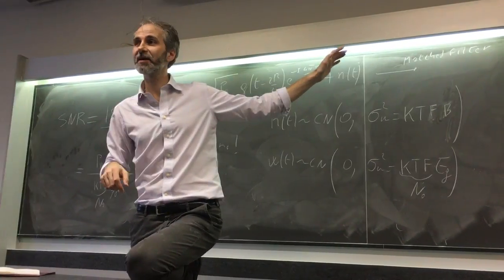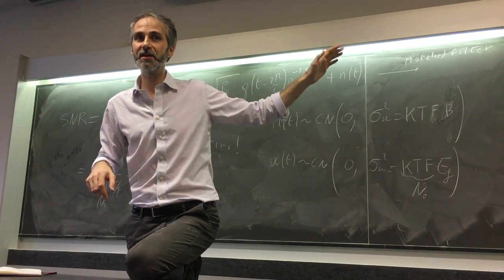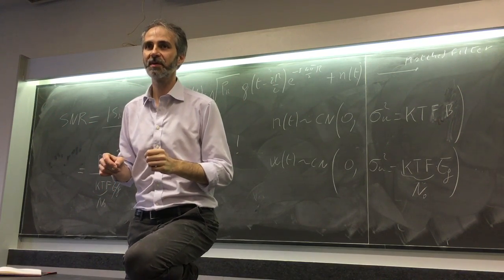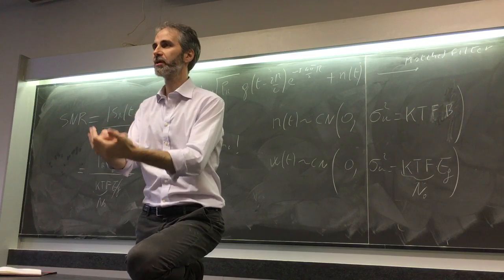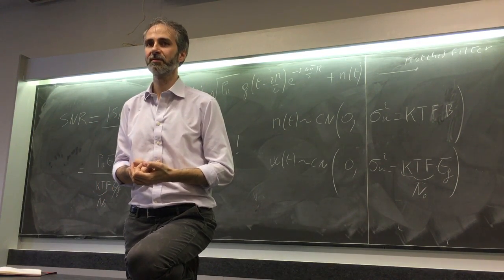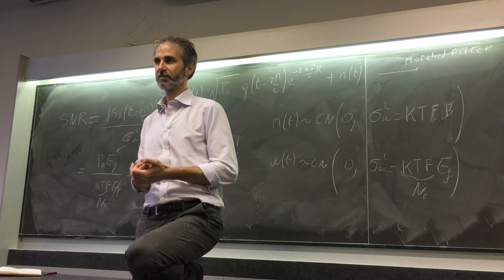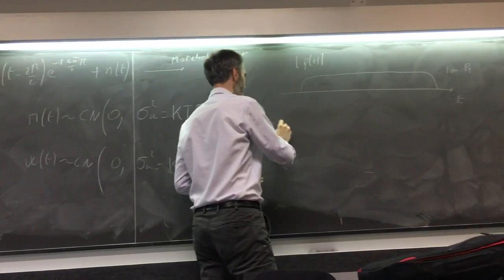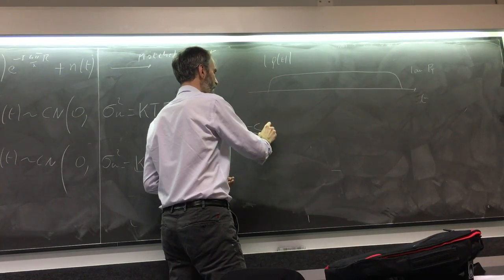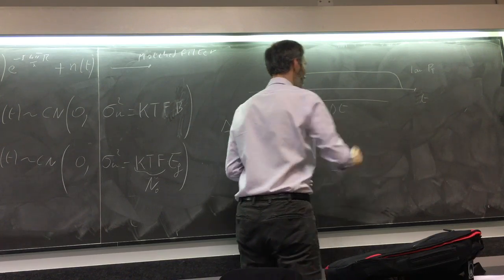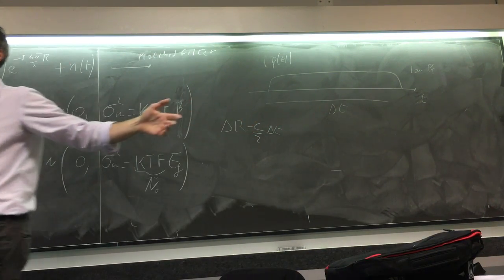We are sending a very long pulse. Is this bad for the range resolution? Does this mean that we are losing resolution? We say that your range resolution is half the speed of light times the duration of the pulse, which now is very long.